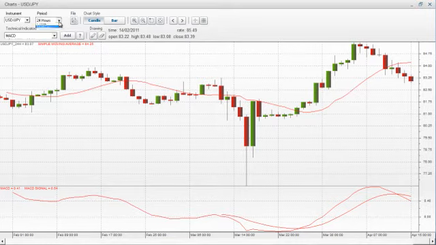I also believe that this indicator works best when we look at longer time periods, 1 hour or 24 hours. You get a lot of false signals if you look at this indicator during shorter periods.